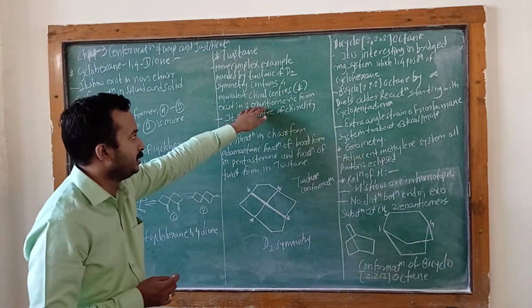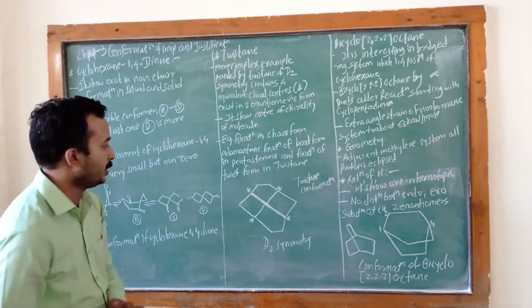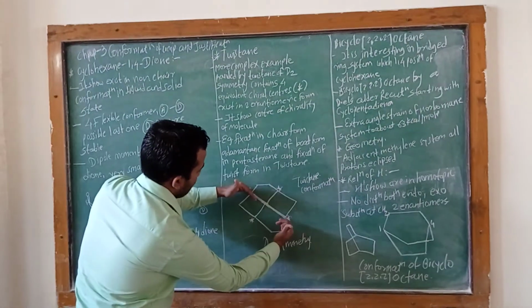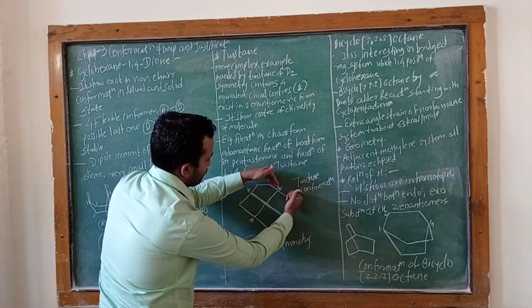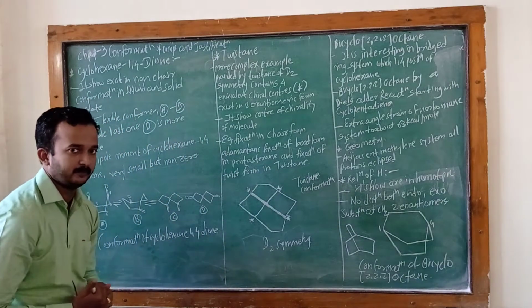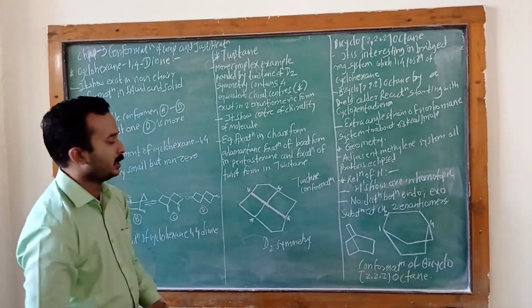These four chiral centers exist in two enantiomeric forms. Look at this. This is the first enantiomeric form, and this is the second enantiomeric form.